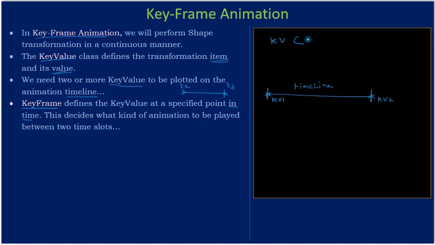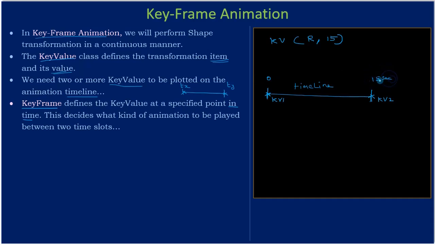Say for example, if it is rotate, it will tell rotation, then a rotation value, say for example 15-degree rotation. So it can be applied to any shape, but that's what the key value states. Then you can apply this key value on a timeline. Say for example this is 0 and this one is 15 seconds.